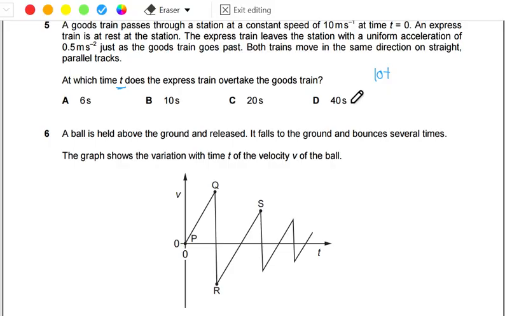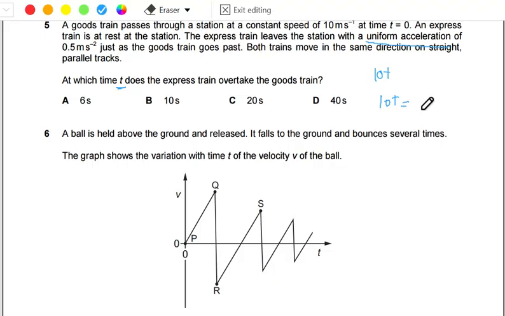Okay, so we want to find the time taken by the express train to make this 10t distance. And as the question states that the express train moves with uniform acceleration, we can use the equation of motion, the one that contains s and t.